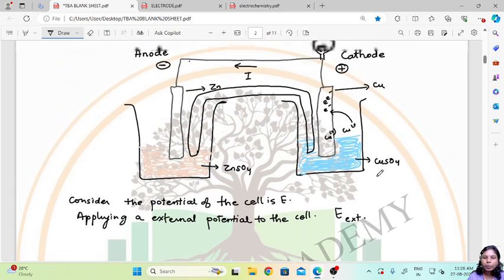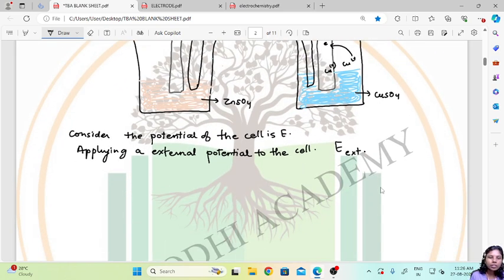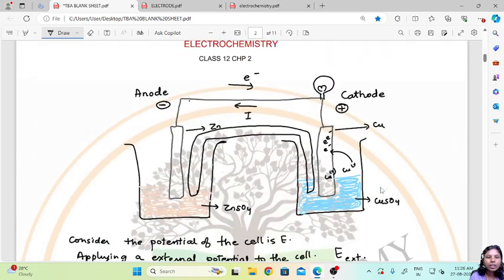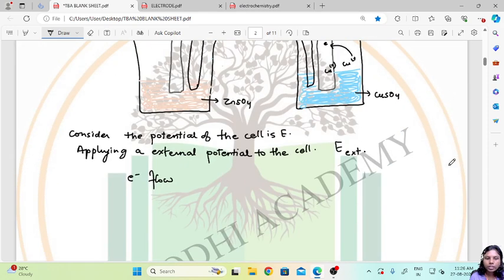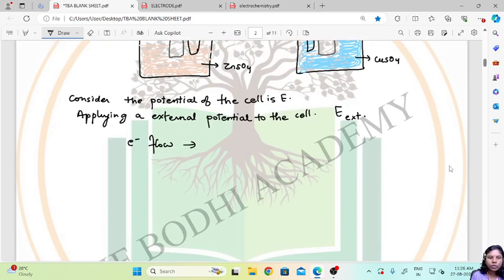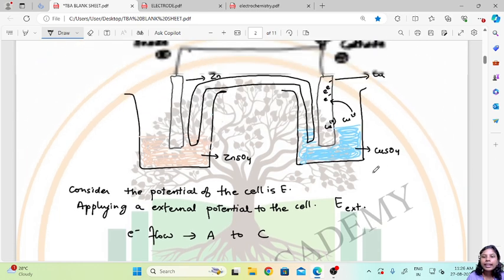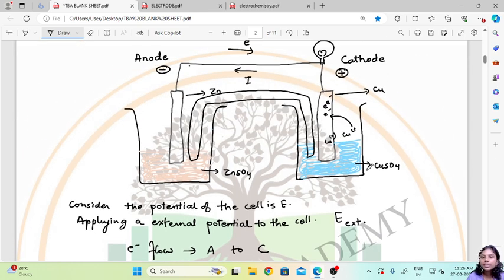Now when we had the potential E, what was happening? The electron flow was happening from anode to cathode, correct? Now if I apply an external potential, the external potential will want to reverse the system.